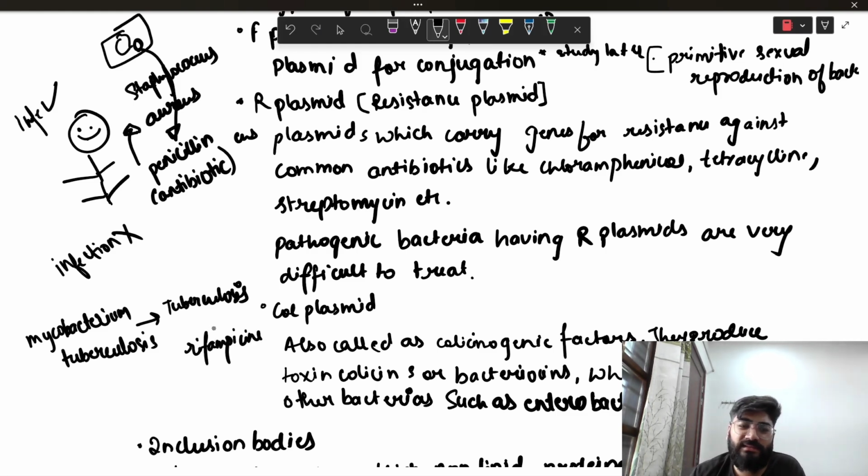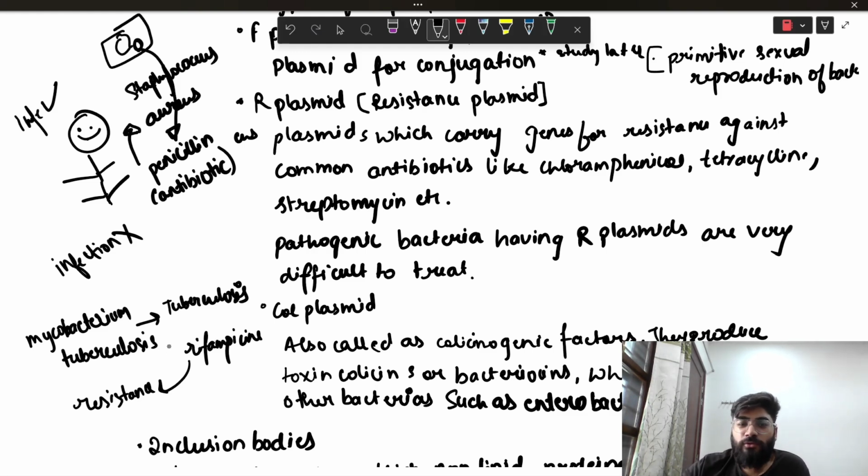Nowadays the tuberculosis bacteria has developed rifampicin resistance. Earlier, patients were getting treated with rifampicin, but now the resistance has developed. So if we give rifampicin to patients that have tuberculosis infection, it is mostly not going to work. We have to find another treatment, and another antibiotic is provided to them instead of rifampicin.